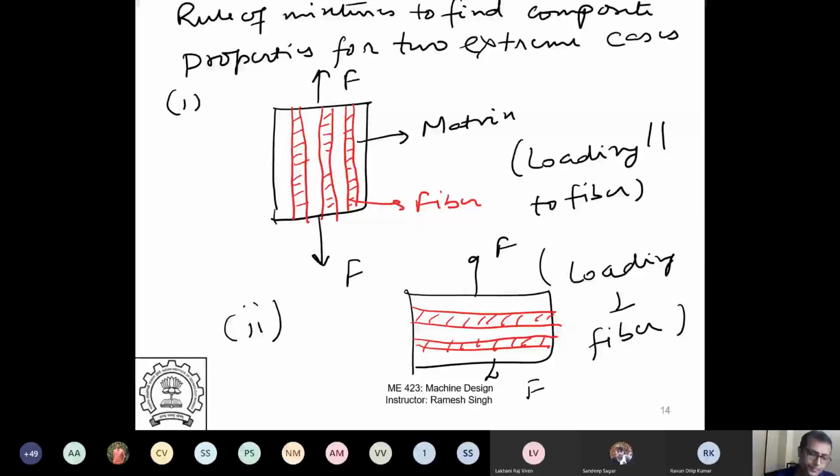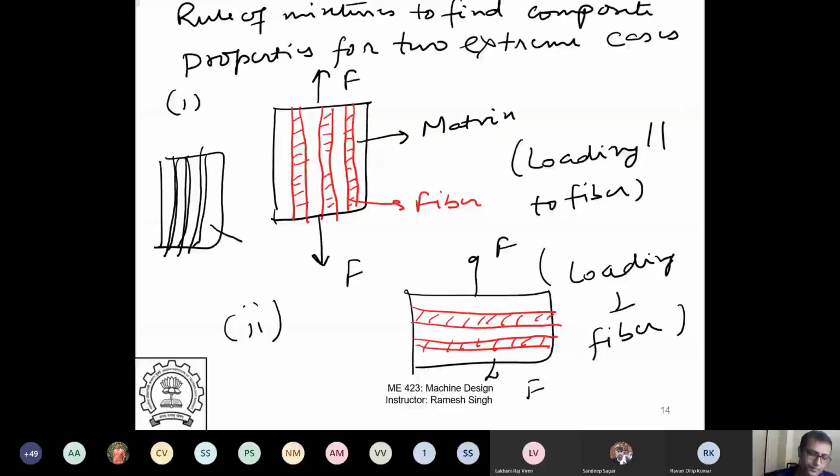I will take 2 cases. I'm imagining that I have a composite in which fibers are laid like this. So fibers are in one direction and remaining, this portion is matrix, and these are 3 fibers, if you'd like to say.